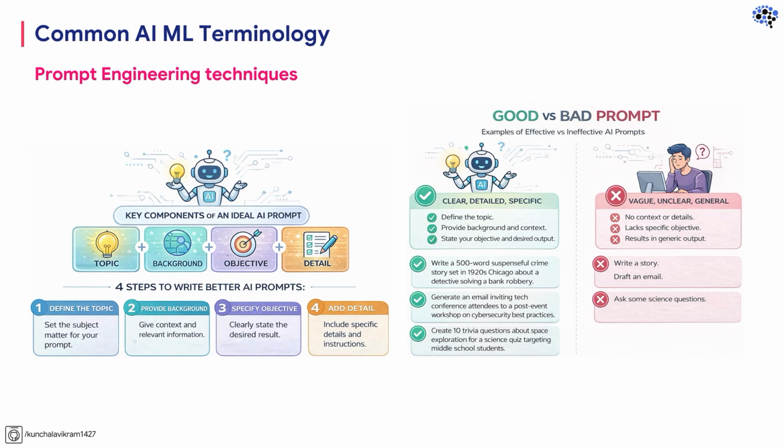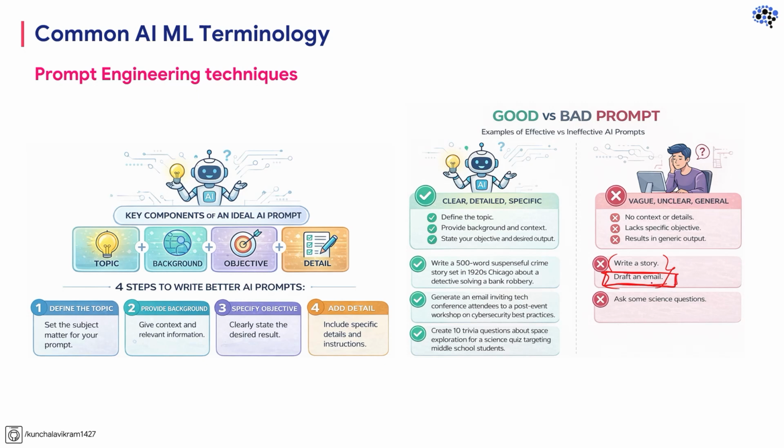The example of a bad prompt is if you don't include any context or details, or if your prompt lacks an objective, right? Then it is a bad prompt. For example, write a story, draft an email. You can see these are all bad prompts. Draft an email means, what is the subject, or what is the content, right?